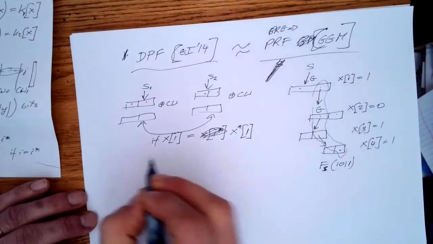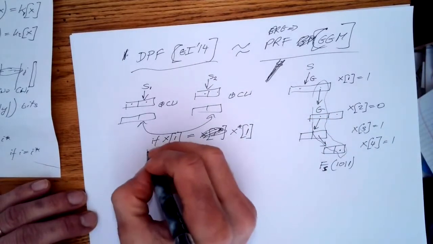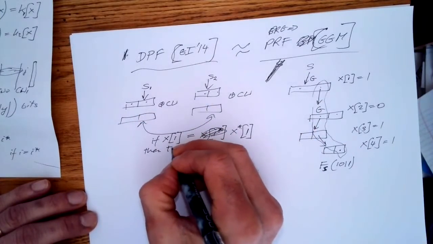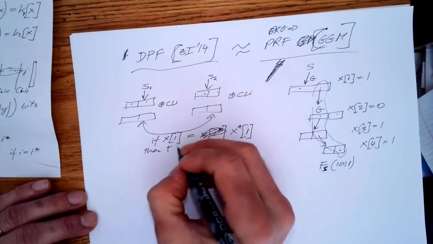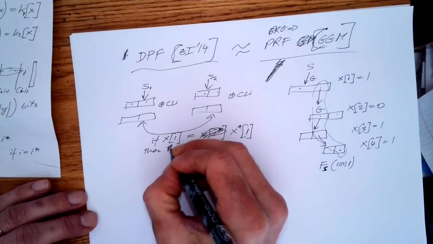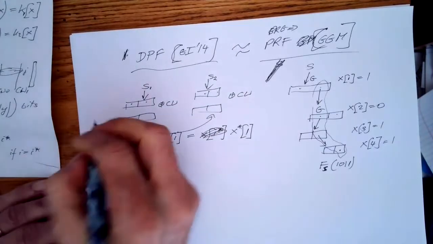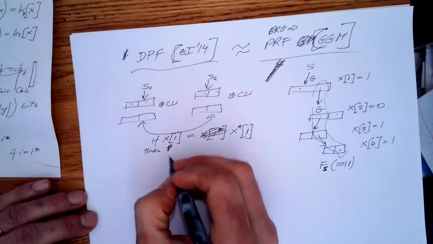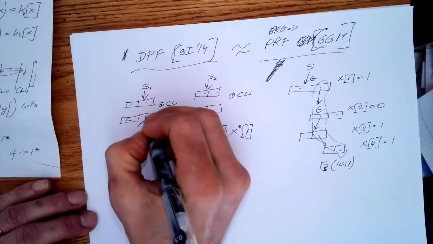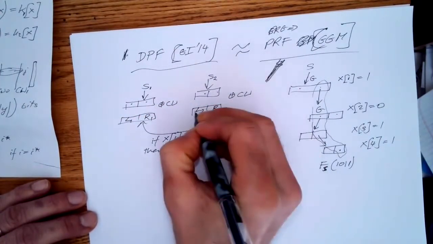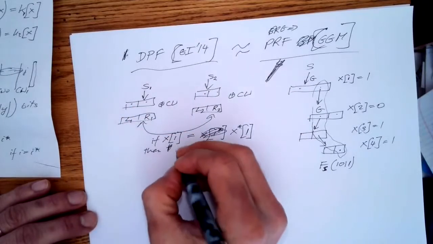If this bit is the same, then after correction, let's call it left and right for both players.